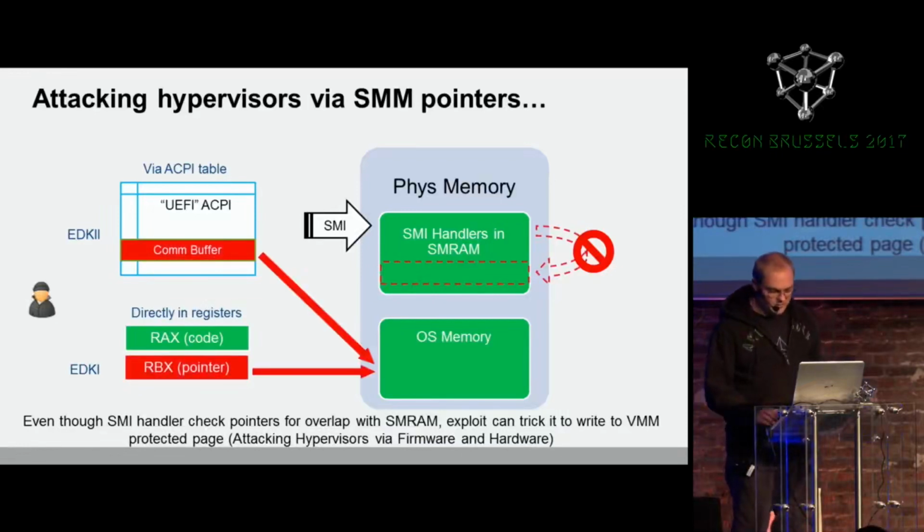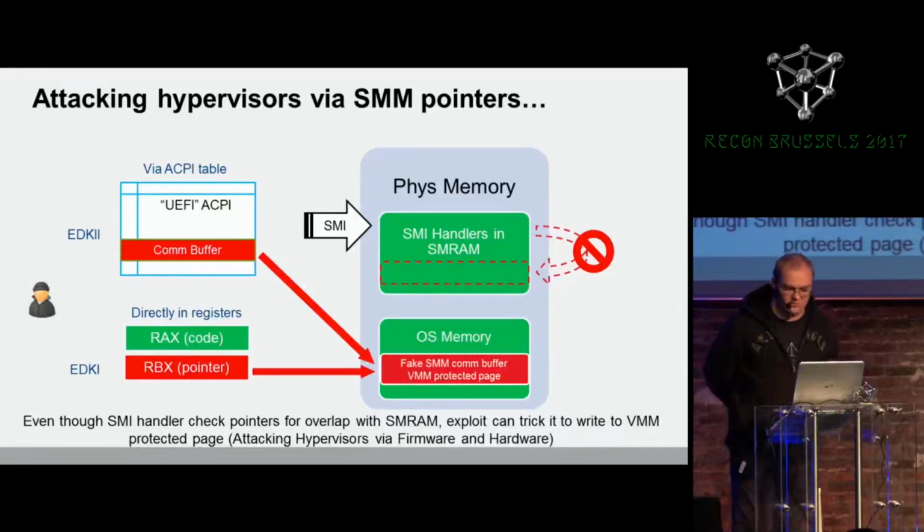But what if we have a scenario with a hypervisor, or for example hypervisor-based protection like VSM, or just Hyper-V with a root partition? In this case, we can point the address in the general purpose register or in the CommBuffer to some structure of the hypervisor and overwrite it.